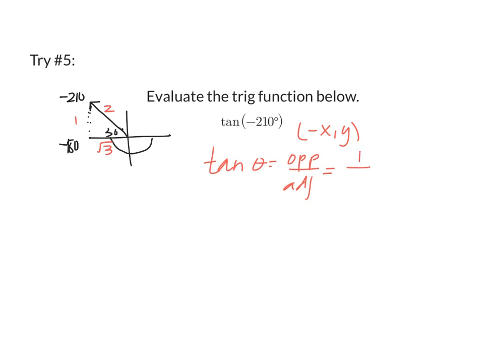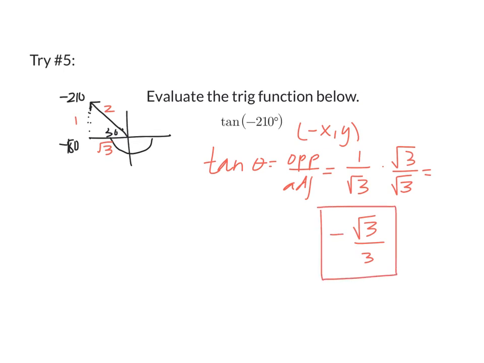My adjacent side is the square root of 3, but let's go ahead and rationalize that, so we have the square root of 3 over 3, and then we just need to figure out if it's positive or negative. Well, remember, tangent is technically y over x, and in this case, y is positive and x is negative, so that means tangent must be negative. So we have negative square root of 3 over 3.